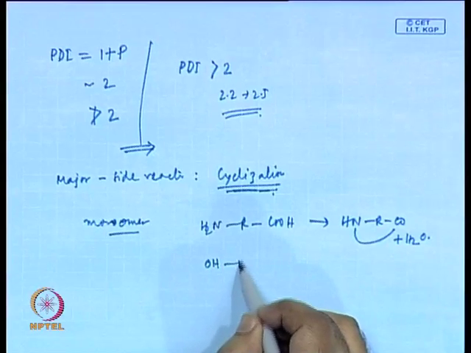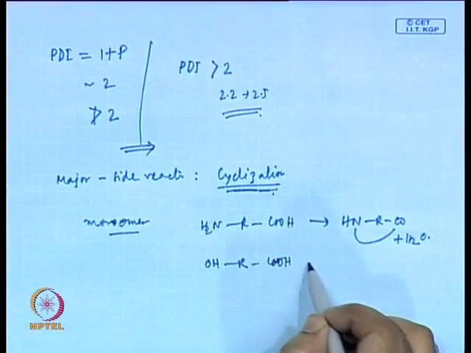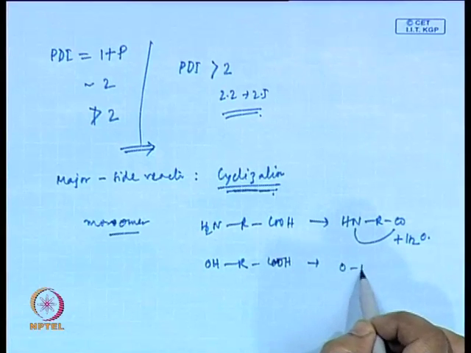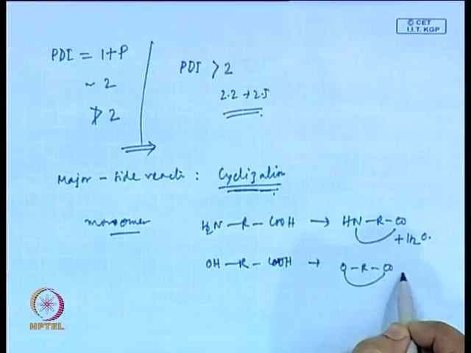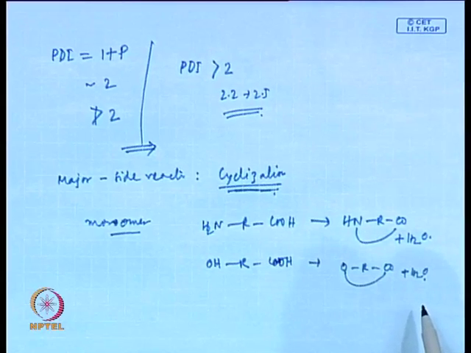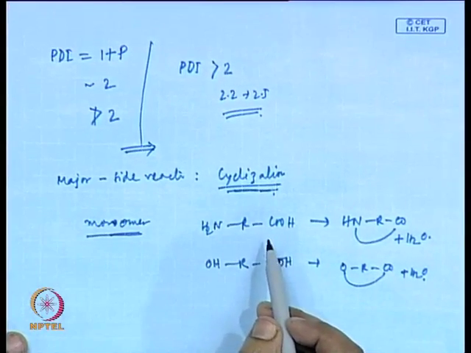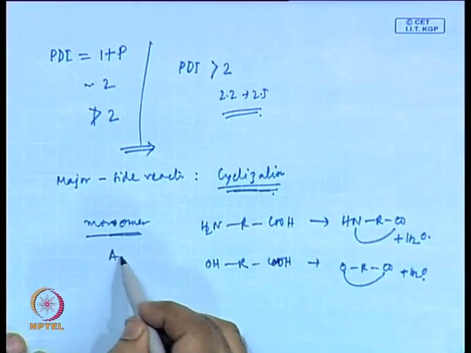If you have a hydroxy acid, then it can form a cyclic product like the monomer itself. These are the intramolecular reactions in monomers of AB type.